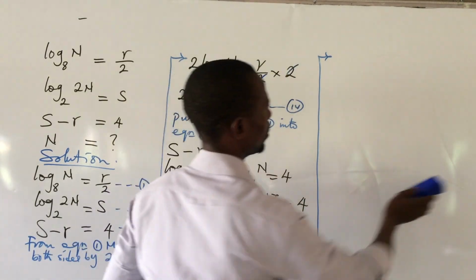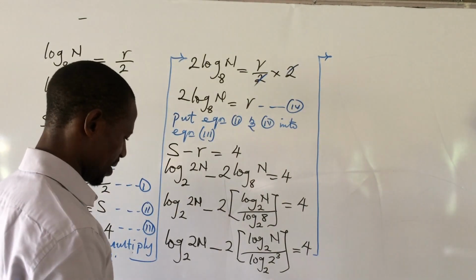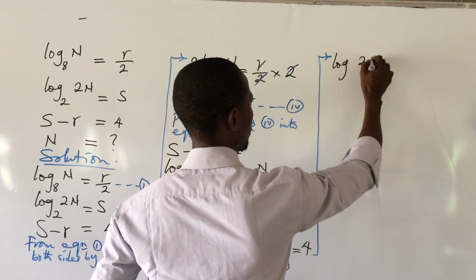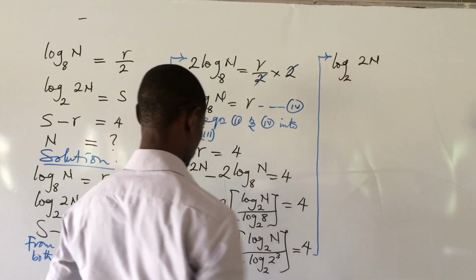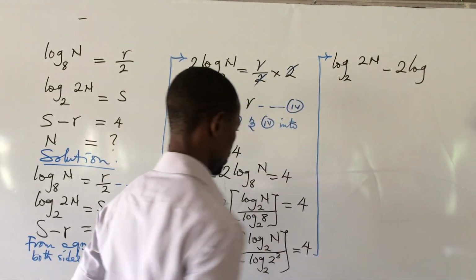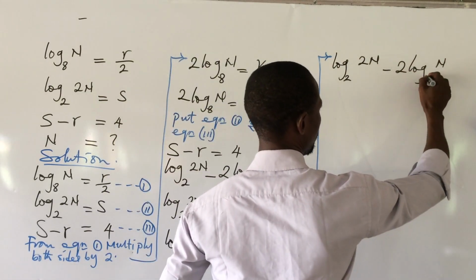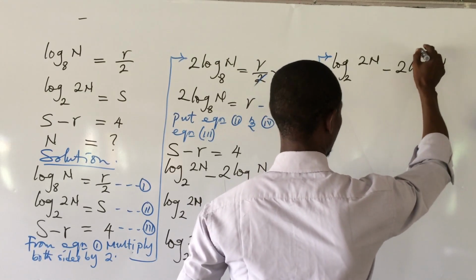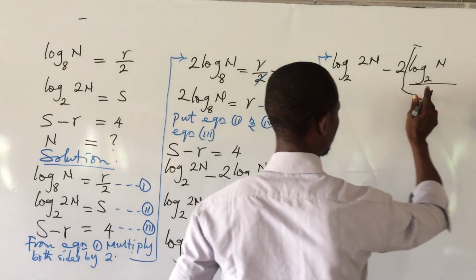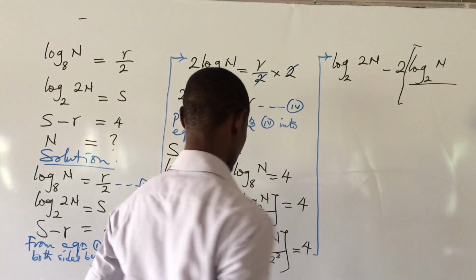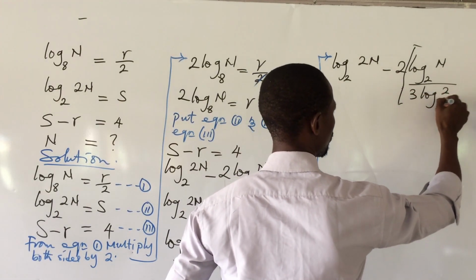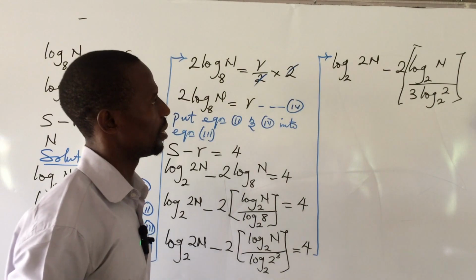So this is going to give us here (log 2n base 2 minus 2 into log n base 2), all over 3 log 2 base 2, close bracket here.